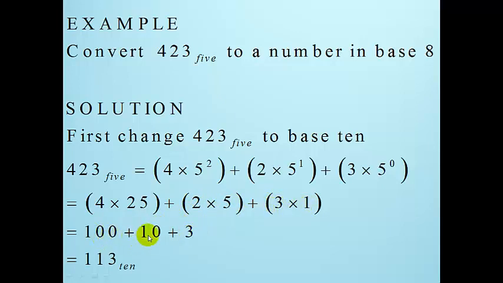Now 100 plus 10 plus 3 equals 113 base 10. So when we convert 4, 2, 3 base 5 to base 10, the answer is 113 base 10.